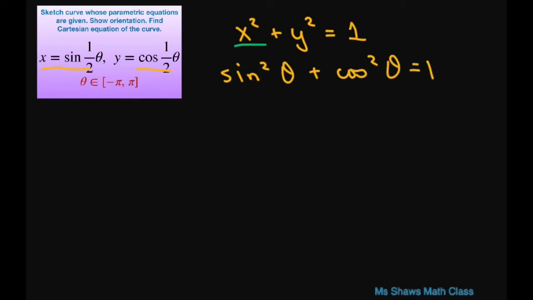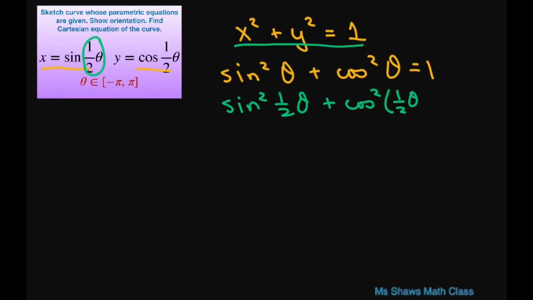So all we have to do is substitute this in, and we're going to get sine squared of 1/2 of theta, this is like your x part, plus cosine squared of 1/2 of theta equals 1. So that's your equation there, and the graph is a semicircle.